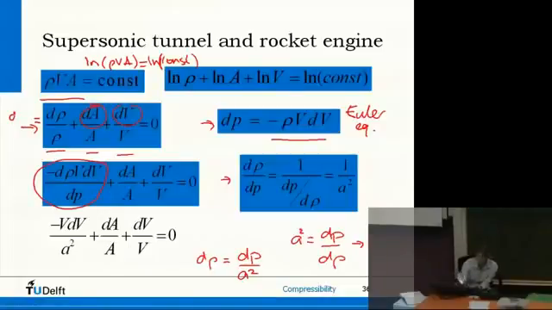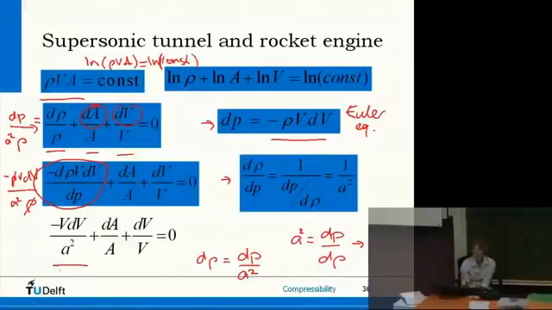So we have minus rho V dV on top, divided by a squared over rho. Rho drops out. So we have minus V dV over a squared, right? So putting in the a squared equation and the Euler equation, we can replace d rho over rho by minus V dV over a squared.